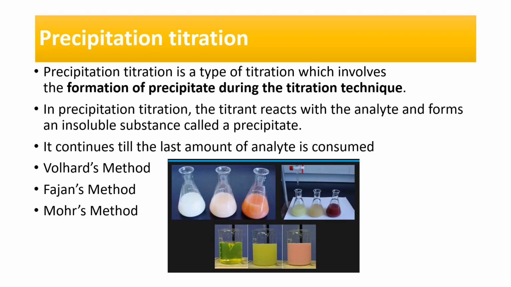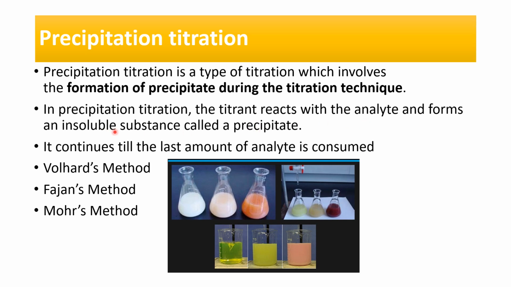I now move on to the fourth type of titration, which is precipitation titration. Precipitation titration is a type of titration which involves formation of a precipitate during the titration technique. In this, you remember the titrant reacts with the titrand to give you a precipitate.